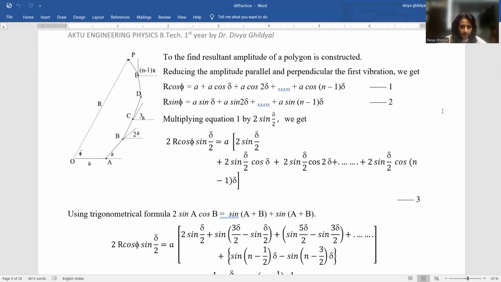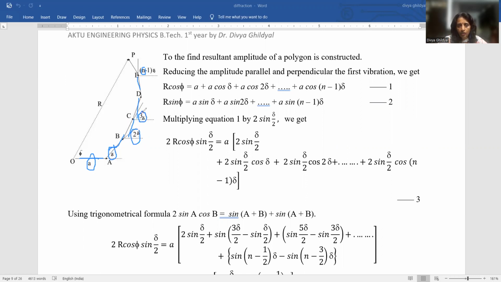So let us begin. See, these are n number of harmonic waves here. 1, 2, 3, 4, 5 till here n number. They are having amplitude A and a proper phase difference delta. For the first, second 2 delta, third 3 delta.